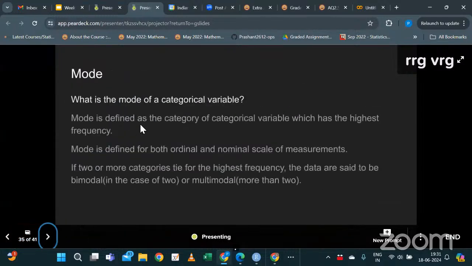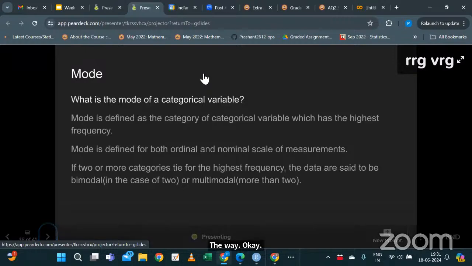Okay, so the next concept is mode. What is the mode actually? The mode of a categorical data, since till week 2 we are discussing more about categorical data. Mode is defined as the category of a categorical variable which has the highest frequency, right? And mode is defined for both ordinal and nominal scales of measurement, because it can be any kind of category.